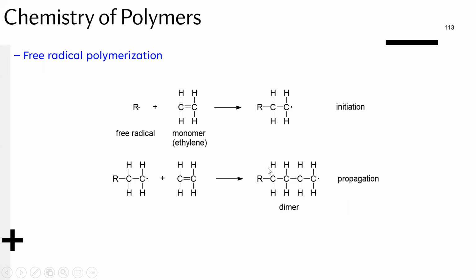Okay, so this propagation continues, and the monomer chain reaction goes all the way until you stop it. Now, one way to terminate this is to use oxygen.